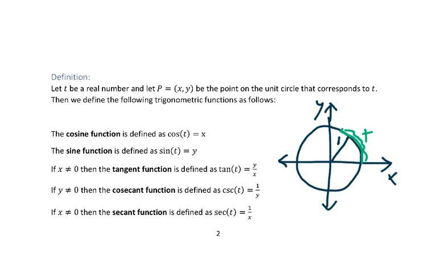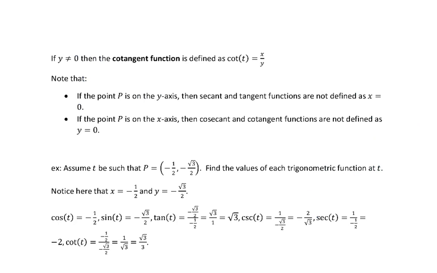Here I'm taking t to be positive. This point, let me draw it light blue, a little colorful. The point P is the point you end up at. That's going to have coordinates (x, y) for some x and y. And then you have cosine of t equal to your x, sine of t equal to your y, and so on and so forth.